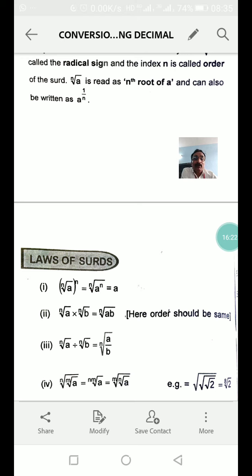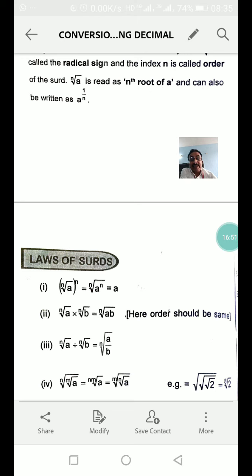Now, let us know the laws of surds. Just like the laws of exponents, surds also have laws. The nth root of a, raised to the power n, equal to a.